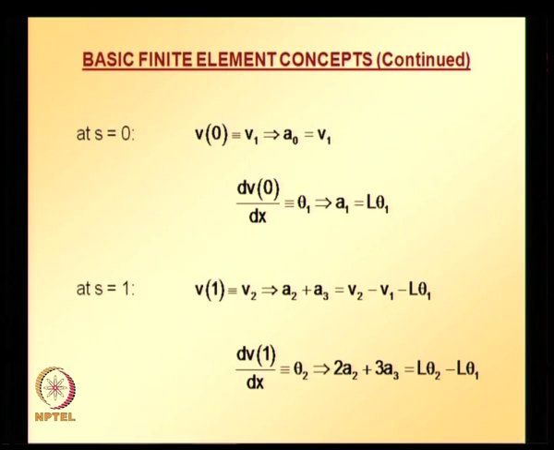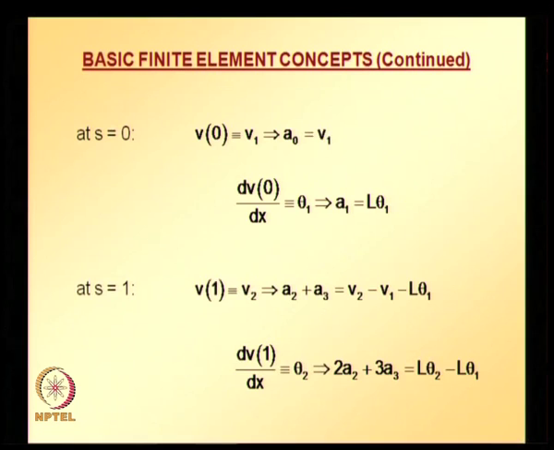and substituting s is equal to 1 in the derivative of v with respect to x, we get this, and equating it to theta 2 we get this equation, which is 2a2 plus 3a3 is equal to L theta 2 minus L theta 1.